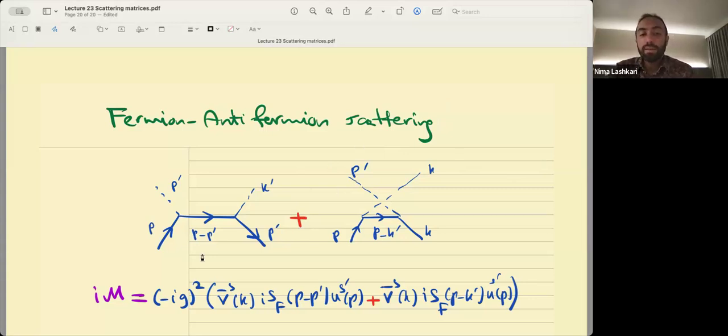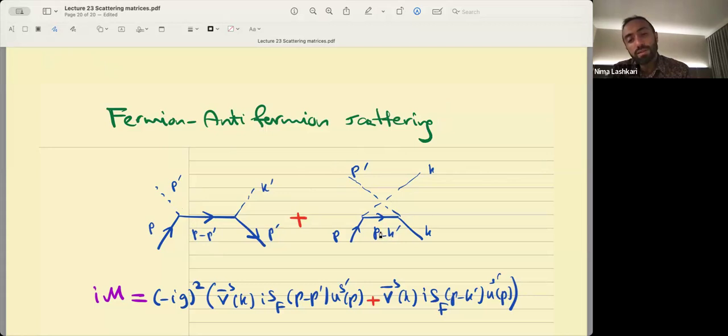Now in this case, the propagator in the middle, by conservation of momentum, is going to be P prime minus P. Whoops, I don't know how to fix that. Sorry about that. Oh, why did I write it this way?